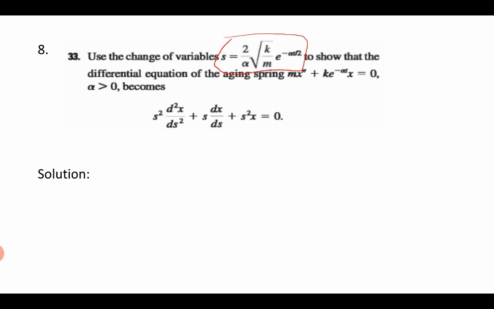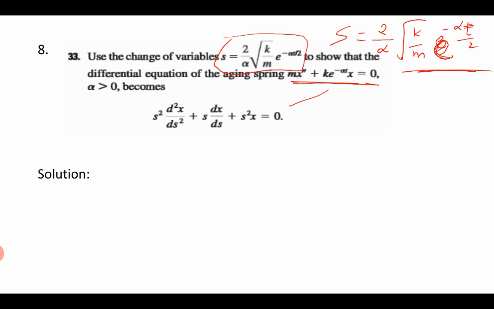Can you exactly write? s is equal to 2 over alpha square root of k over m e raised to minus alpha t over 2, exponential, isn't it? This is what is given, e power minus alpha t over 2. We had to replace this variable to show that the differential equation can be converted into this form.